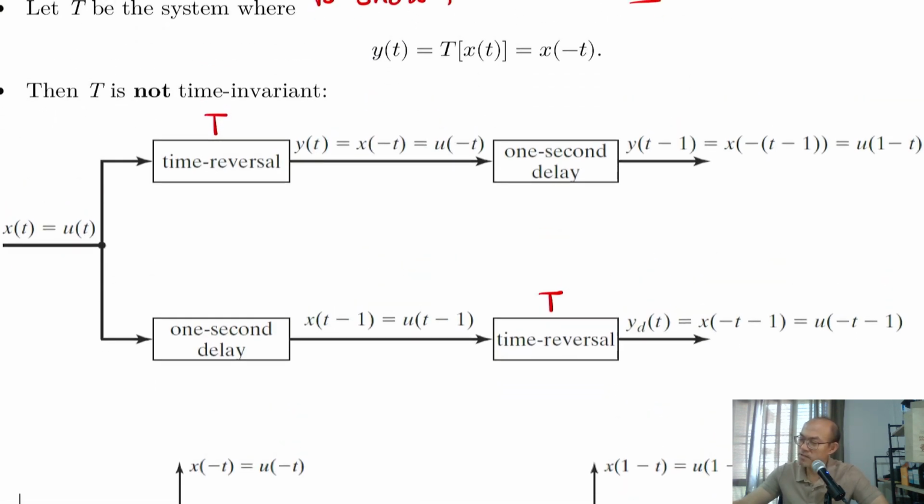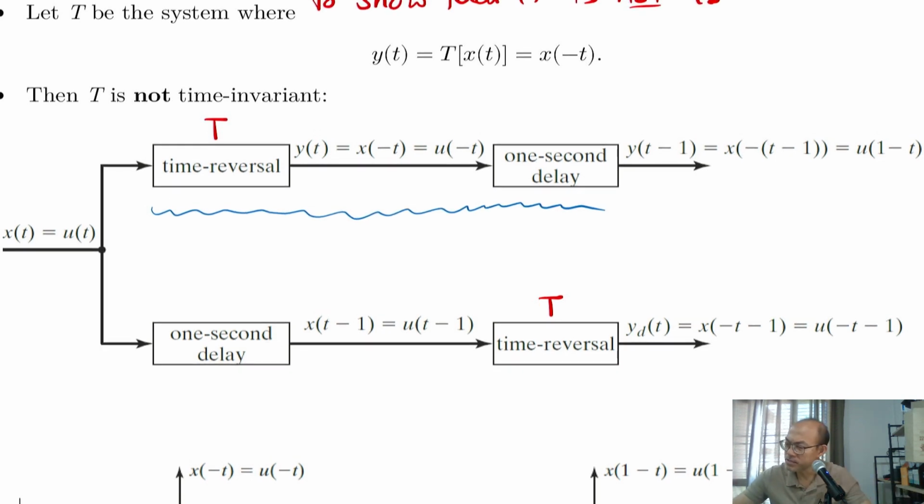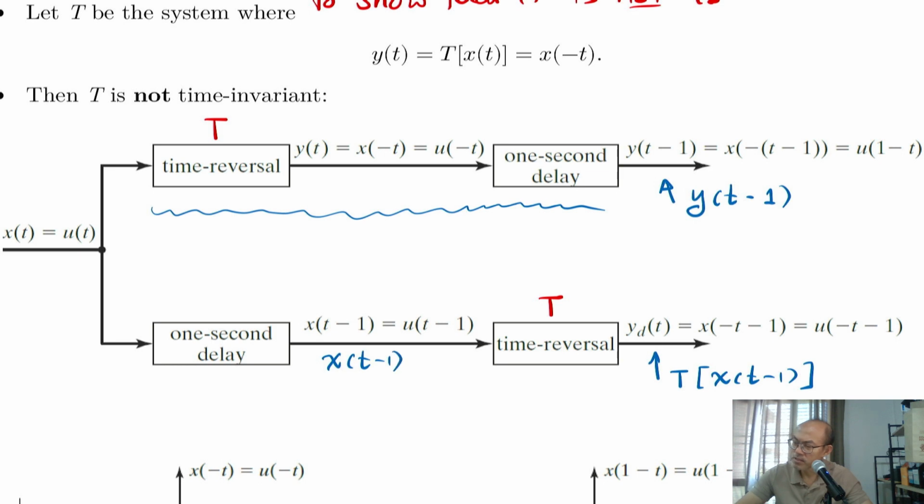Again, let me clarify it. In the first path, the top path, this is y of t minus 1, and this is T of x of t minus 1. This is x of t minus 1. This is y of t.